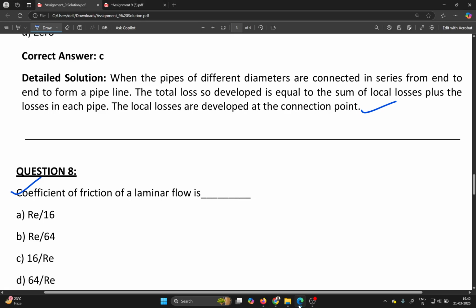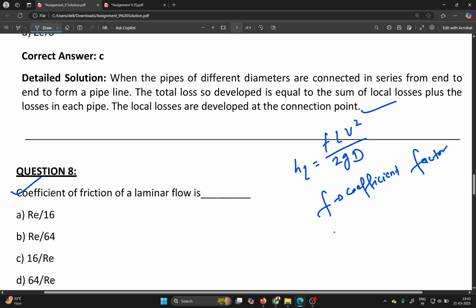So here the question is the coefficient of friction. Already I have told you about the relation of coefficient of friction and the friction factor, whatever you know from the Darcy-Weisbach formula, f L V square by 2 g D. So this f is the friction factor, or factor coefficient you can say.